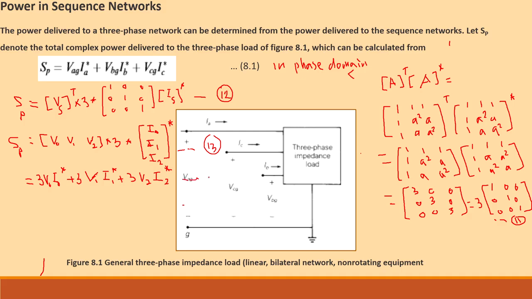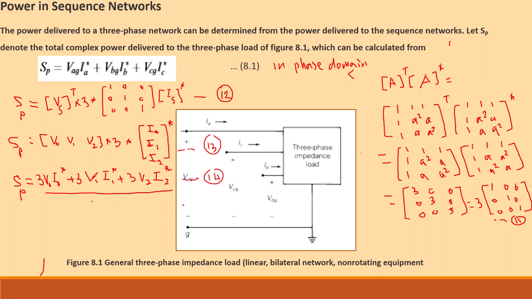This is the final equation, the final equation that enables us to calculate the apparent power by means of the sequence quantities.